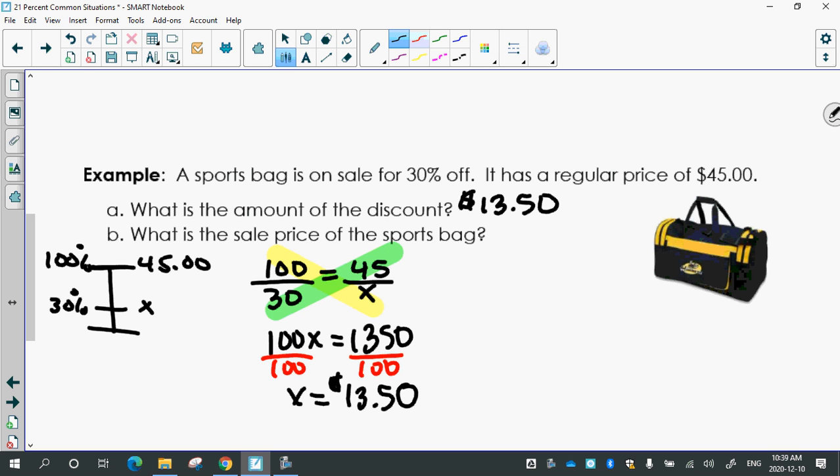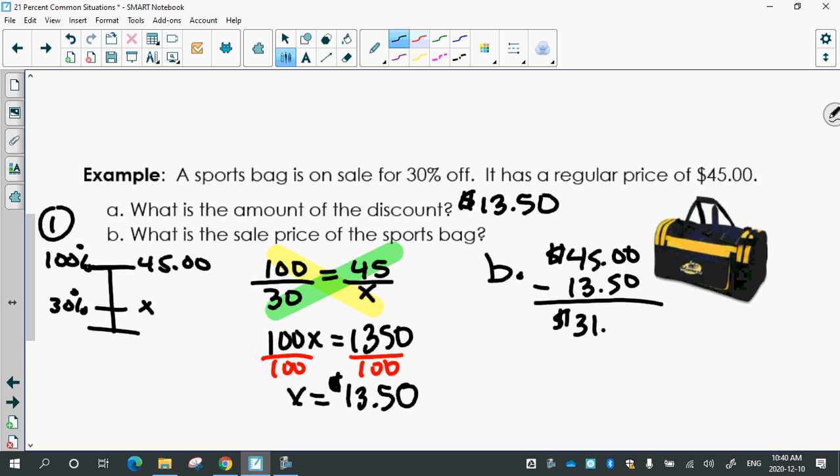So this is our step 1. For part B, to get the sale price, we want to subtract $45, take away $13.50. $45 take away $13.50 means the sale price is $31.50.